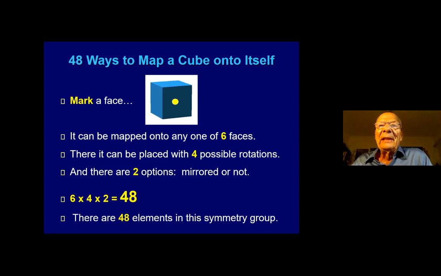First, the face can be mapped onto any one of the 6 faces. There it can be placed in 4 possible rotations. And we have 2 options. We can either mirror it or not. So overall, there are 6 times 4 times 2 possibilities. So there are 48 ways to map a cube back onto itself. Mathematicians then say that there are 48 elements in the symmetry group.